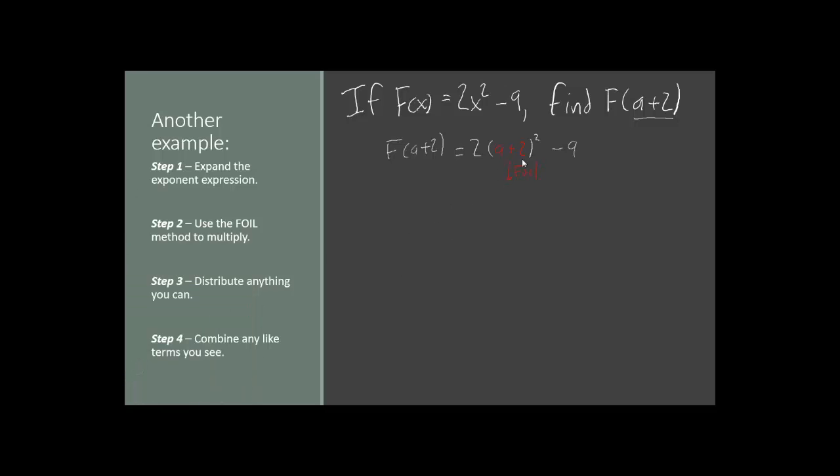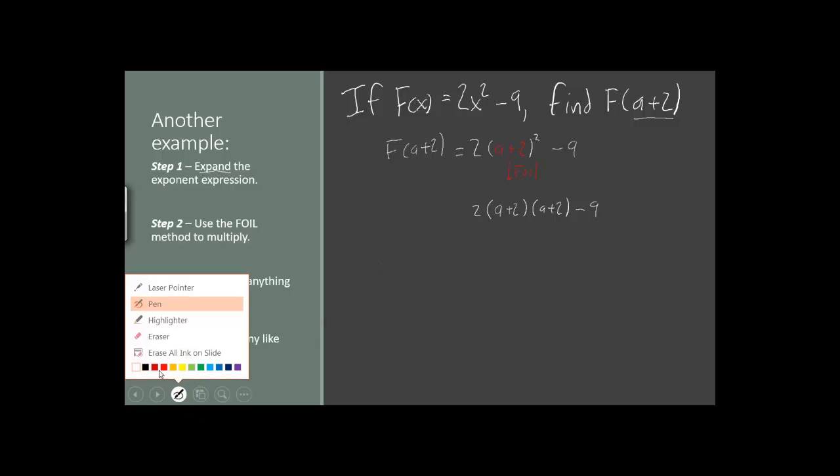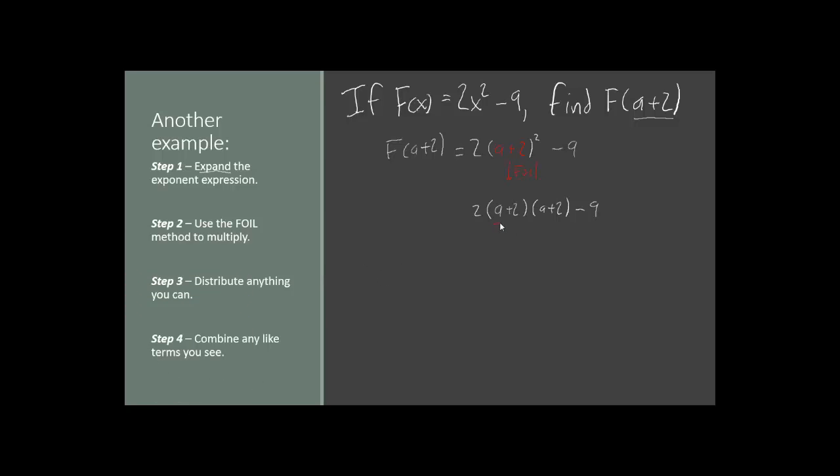So let's go ahead and expand this expression here for step 1. We'll have 2 times (a plus 2) times (a plus 2) minus 9. Now, let us FOIL these two parentheses here in step 2. Well, a times a is a squared.